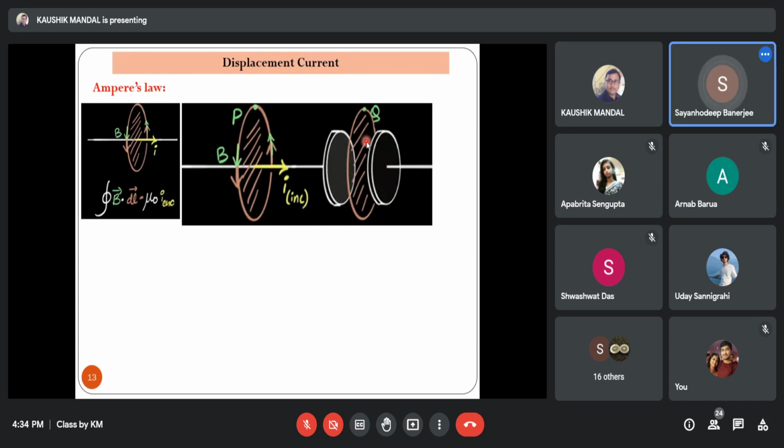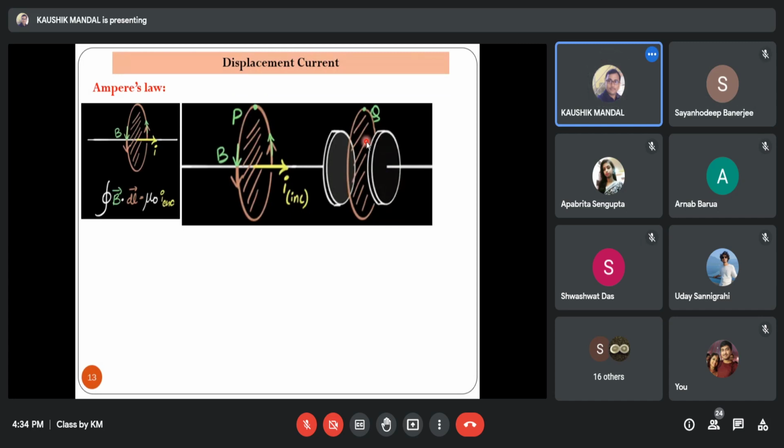No. Why? Simple answer: because there is no current enclosed by the surface. Is there any current enclosed by the surface?